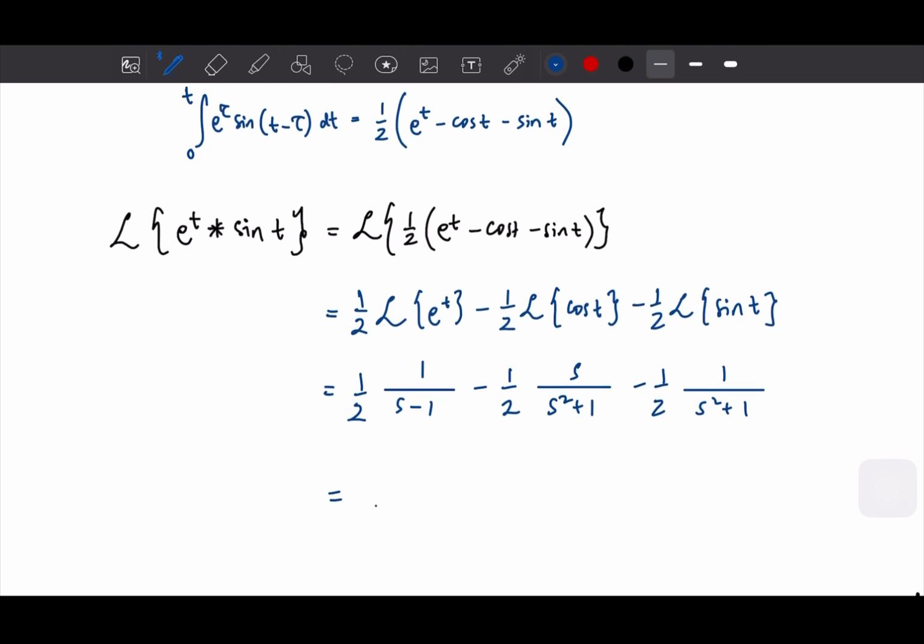And we can simply combine all this over s minus 1 and s squared plus 1.